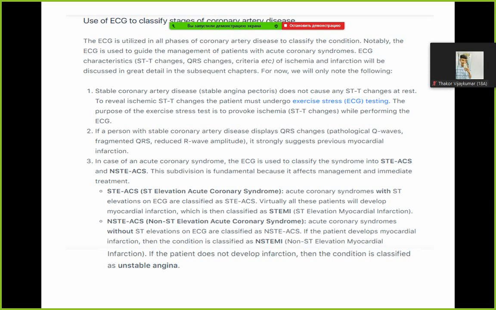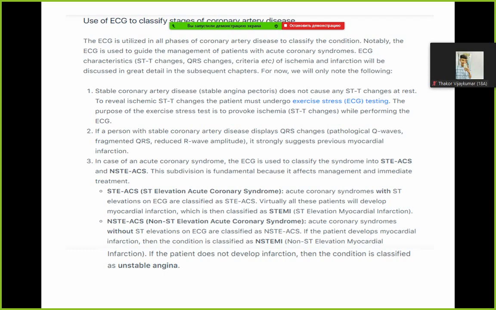In case of an acute coronary syndrome, the ECG is used to classify the syndrome into ST elevation acute coronary syndrome and non-ST elevation acute coronary syndrome. This subdivision is fundamental because it affects the management and immediate treatment. Patients with ST elevation on ECG are classified as ST elevation acute coronary syndrome, and all these patients will develop myocardial infarction, STEMI.